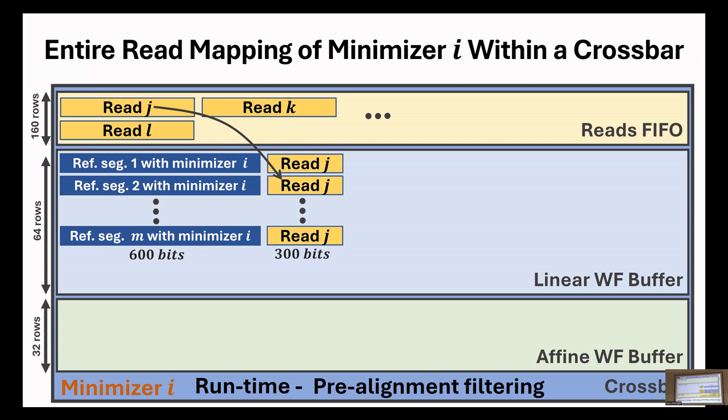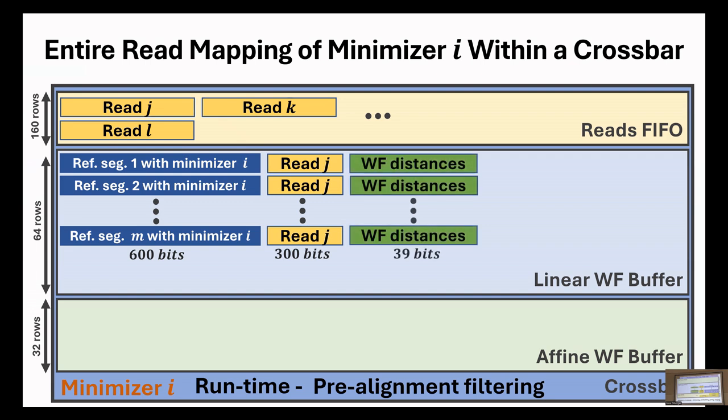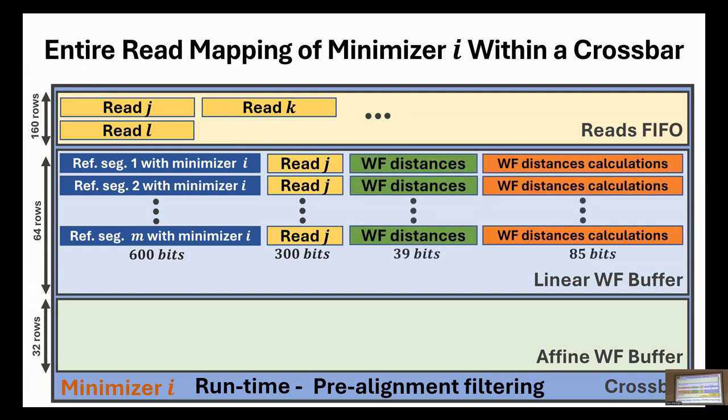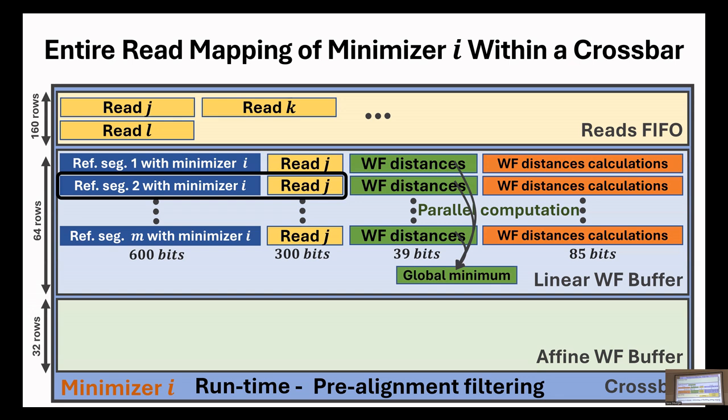We take read J, we copy it to all of the rows, and then we execute in parallel all the distances. Then serially we compute the global minimum and find which one got the minimal distance. And this one is the one that continues with us to the next stage.